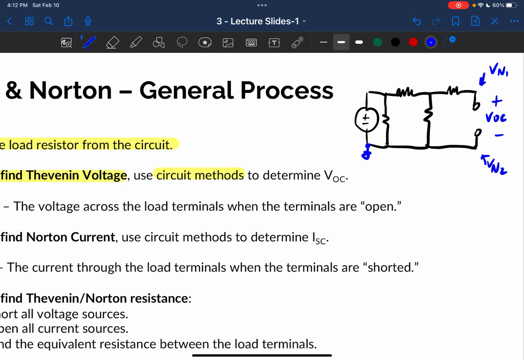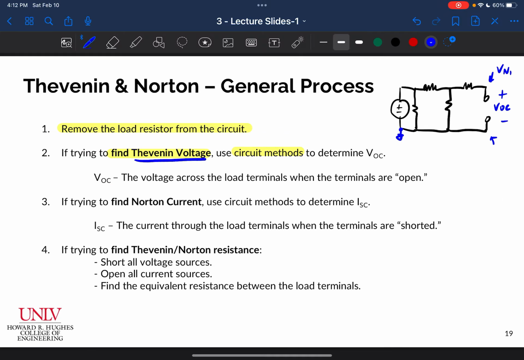Typically that would be ground, so this would be 0, and I would know my open circuit voltage, which is my Thevenin voltage. Okay, and I wrote it here that the open circuit voltage is the voltage across the load terminals when the terminals are open. Okay, that's exactly what we're looking at there.